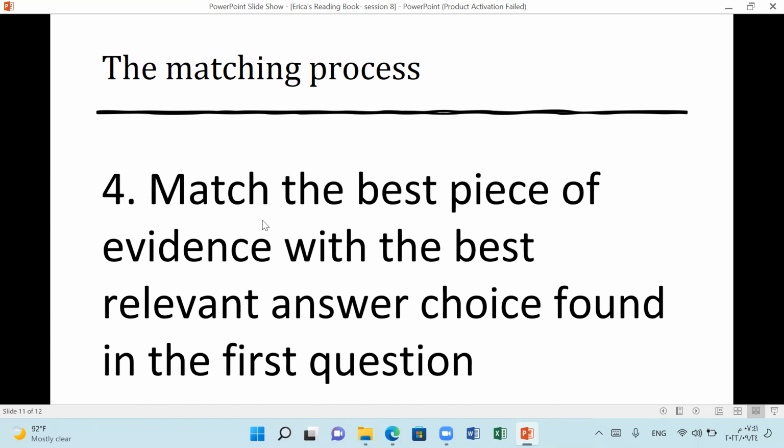Now, I need to match the best piece of evidence with the best relevant answer choice found in the first question. Have a look at this step, write it down, take a screenshot of it, because I'm going to apply it.